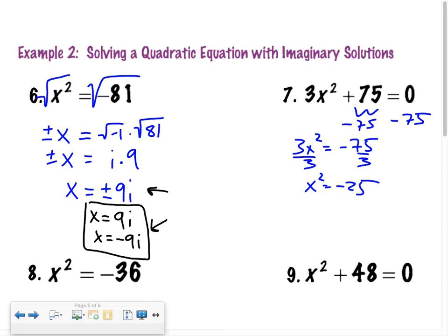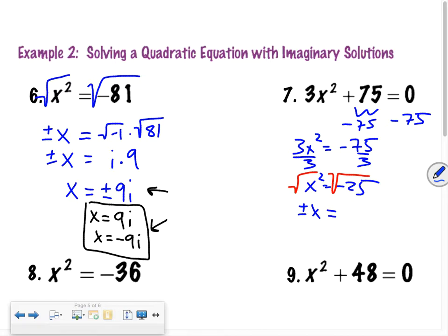Now we've got a problem that's set up very similar to number 6. We've got an x squared on one side, and we've got a number on the other. What you want to do is take the square root of both sides. On the left, you're now going to have plus or minus x equals, well, let's break down the square root of negative 25.